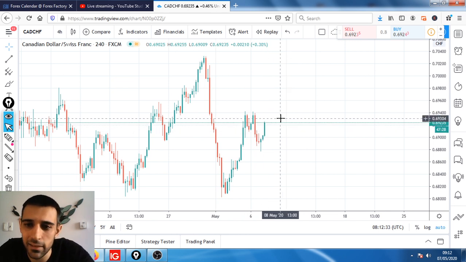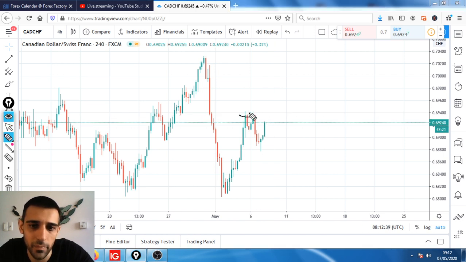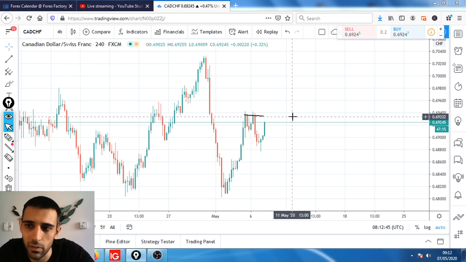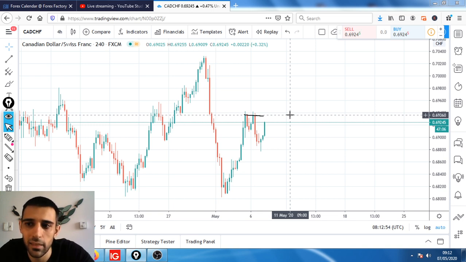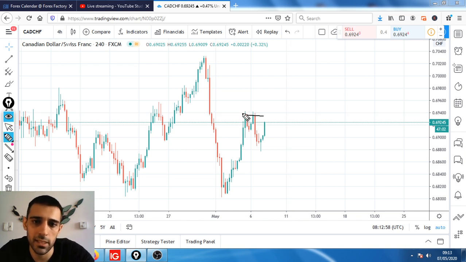So I think there's a good chance that the price will push potentially up to these highs in here, maybe 69.35. Maybe it even wants to come up and take out these spike highs in here.